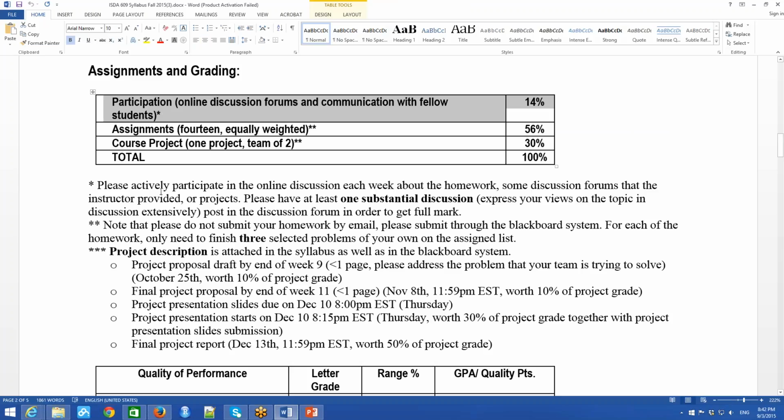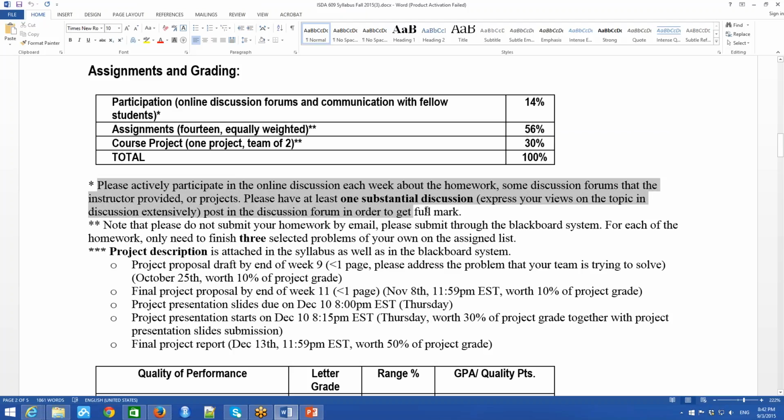If you read the notes, I hope that you can submit one substantial discussion in that week to express your ideas. Those discussion topics could be related to that week's material, but they're really from a very general perspective, to understand your interest in and your understanding of the discussion topic itself.